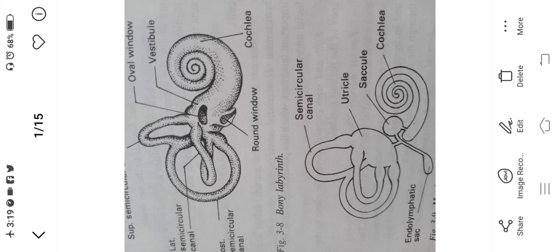The perilymph fills the scala vestibuli and scala tympani, and it bathes the cochlear duct on two sides. Okay, this is all about the inner ear.